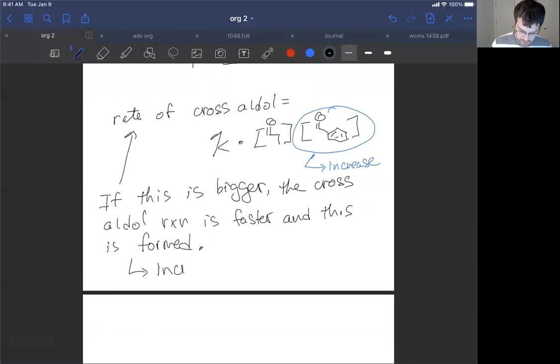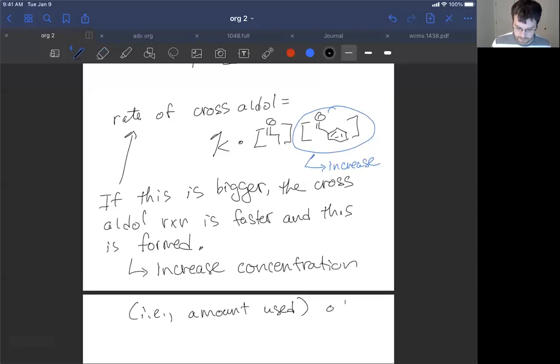So we just increase the concentration, we could say the amount used of benzaldehyde. Okay, we just swamp the reaction with this. We can't form a second enolate on it, so it's not going to react with the base.